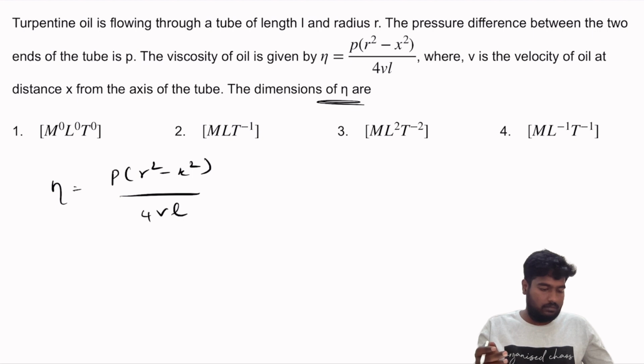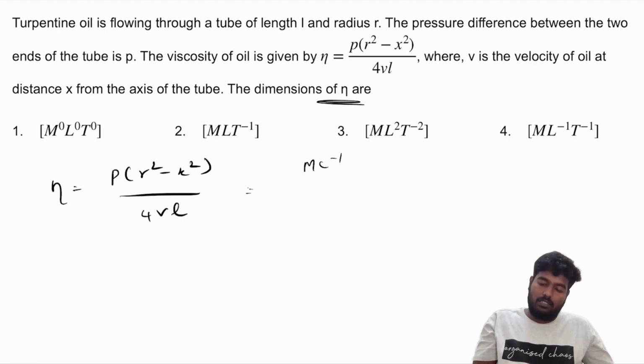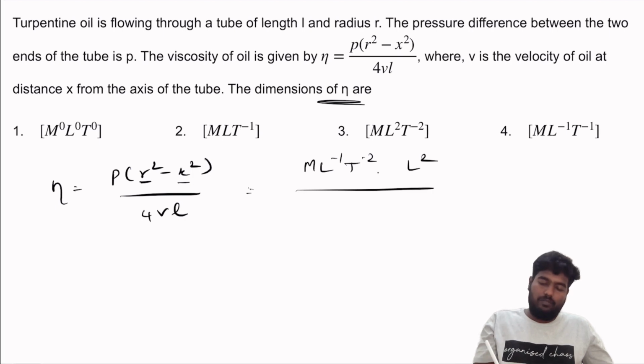So P, the pressure difference. P is pressure, M L inverse T power minus 2. This is L square minus L square, so you will have L square. 4 we will omit. V is velocity, so L T power minus 1. And L is length.